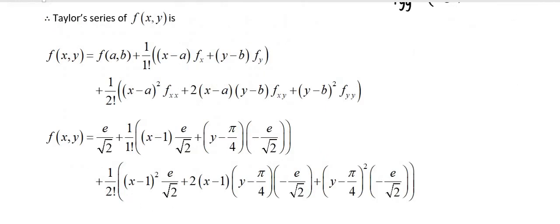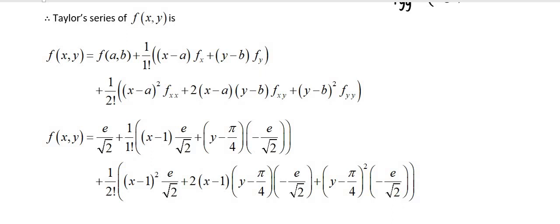Taylor's series of f of x comma y is f of x comma y equal to f of a comma b plus 1 by 1 factorial, x minus a fx plus y minus b fy, plus 1 by 2 factorial, x minus a whole square fxx plus 2 into x minus a, y minus b fxy plus y minus b whole square into fyy.